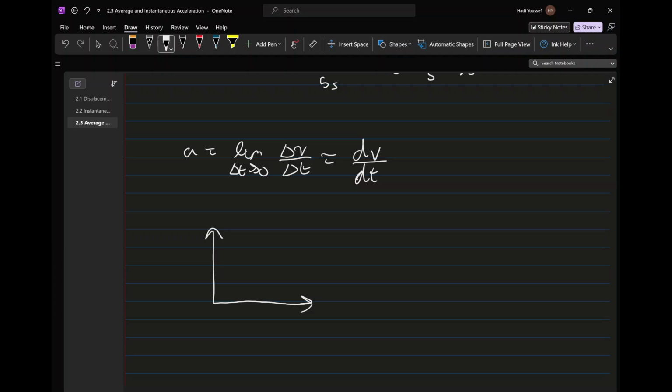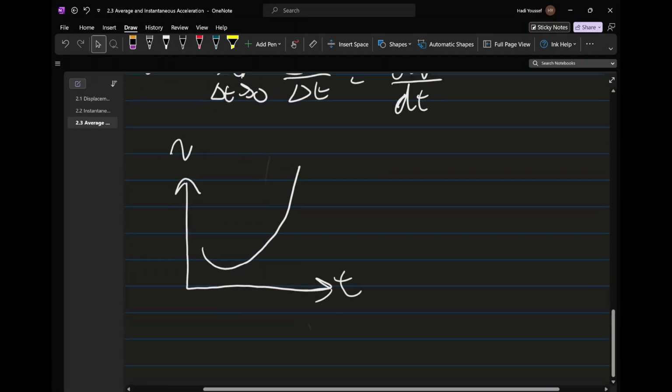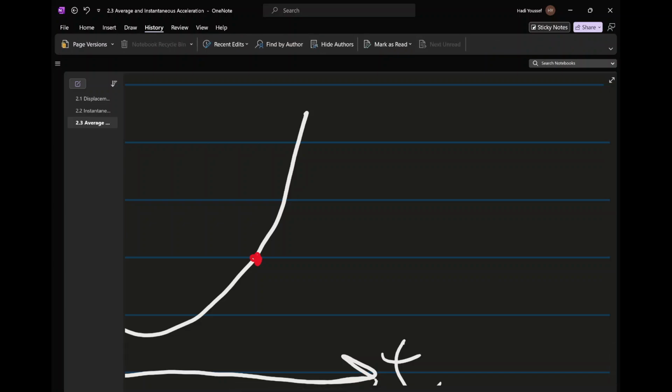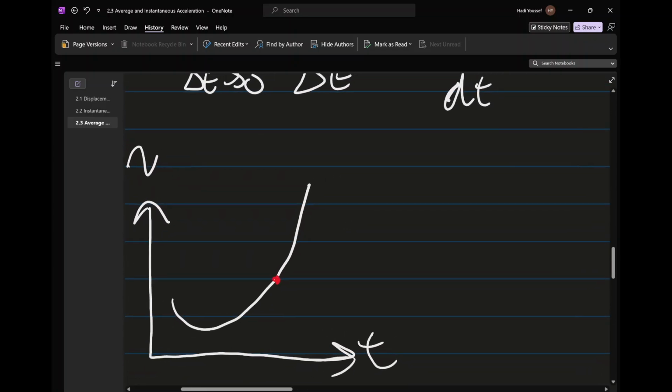So then, let's say I have a velocity time graph again, like this, and I want to find the instantaneous acceleration at this point, right here. What I would end up doing is finding the tangent line to that point.